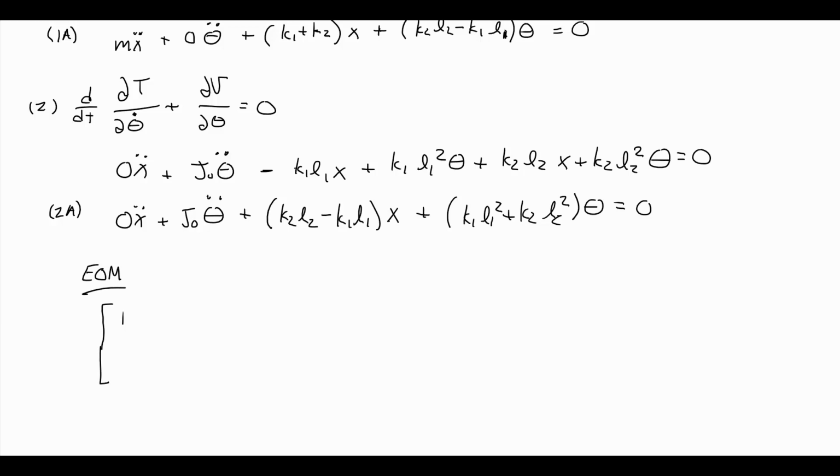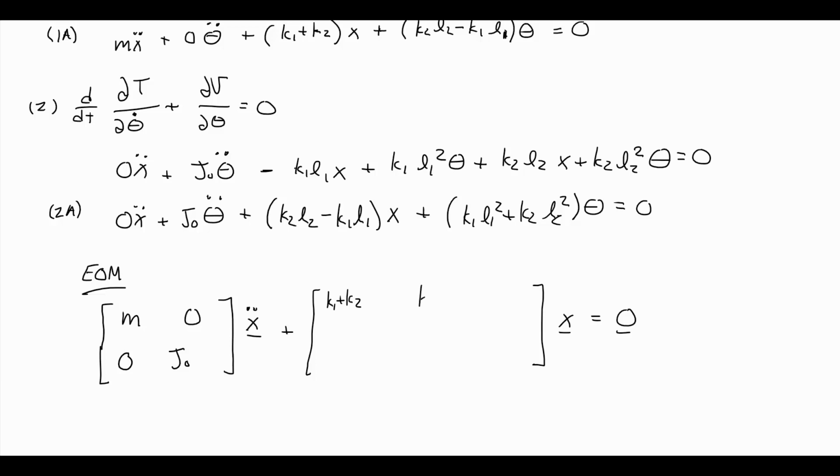And so I have an m and a 0. When I use vector ẍ, that is x and θ. So m and 0, and from 2a, I have a 0 and a J naught. For my stiffness matrix, from 1a, I have k1 plus k2, and I have k2 L2 minus k1 L1.